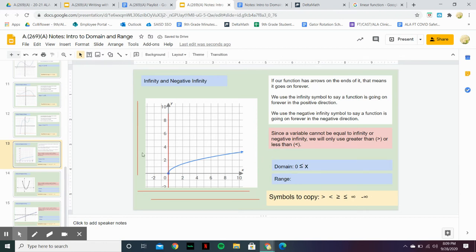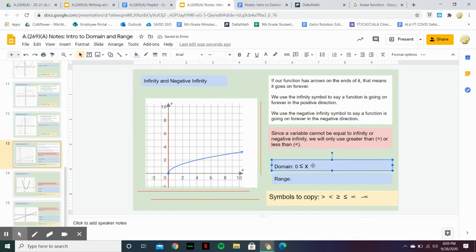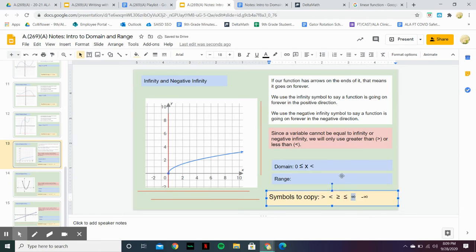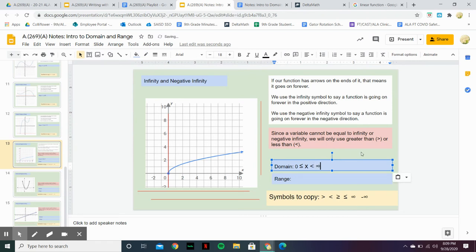Now, when I look to the right of this function, I see an arrow. So that tells me that the function is going to keep on going forever and ever. And so my domain doesn't stop here. My domain actually extends forever and ever. So I know that x is going to go on to infinity. So I can say that x is going to be less than infinity.